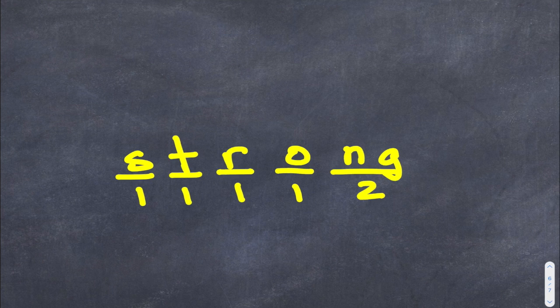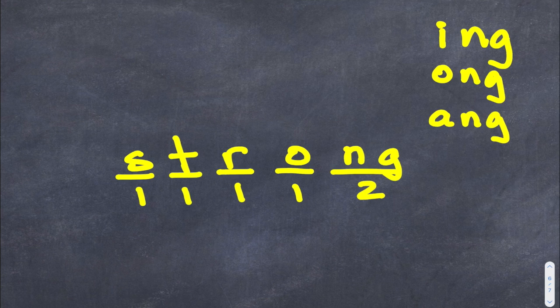It's utilized in ing, ong, ang, and ung: ring, rang, rung, sing, sang, song, sung, right? So we have all these different ones in which they're utilized. It's not always ing. Okay, so that's why we need to know ng as a sound rather than ing. Okay.